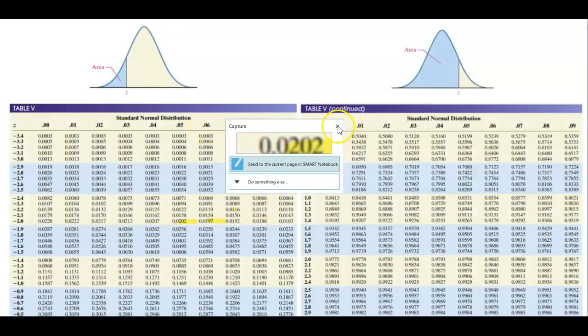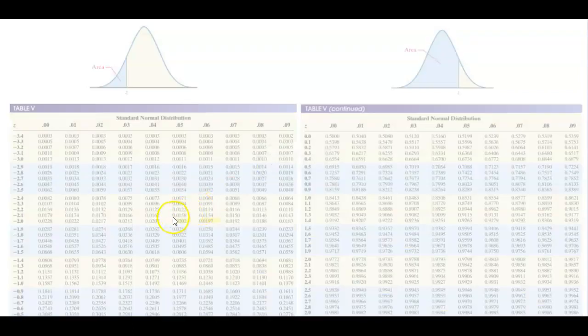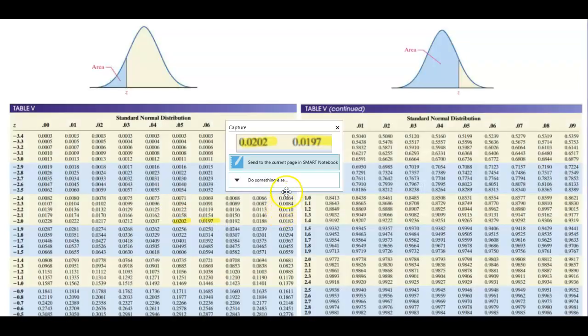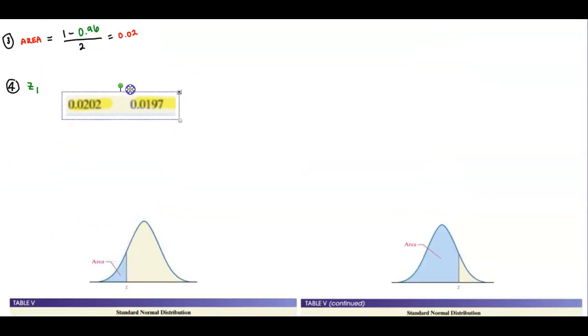So again, if we're using the table, this is how we would go about this. We know that 0.02 lies in between here. So which one is it closer to? That's the next step.